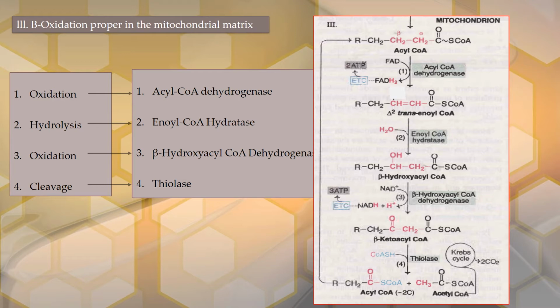Number 3, oxidation by the help of enzyme beta hydroxy acyl coenzyme A dehydrogenase. And lastly, the cleavage of the beta keto acyl coenzyme A by the help of thiolase enzyme, which will give you the 2 carbon containing compound, that is acetyl coenzyme A.